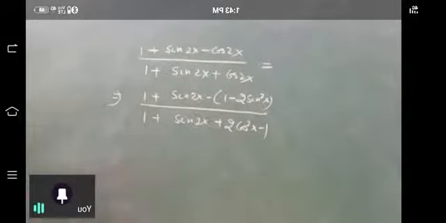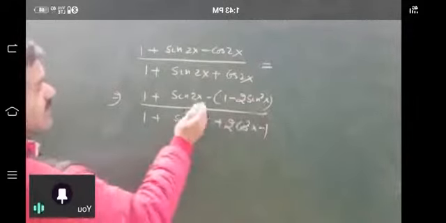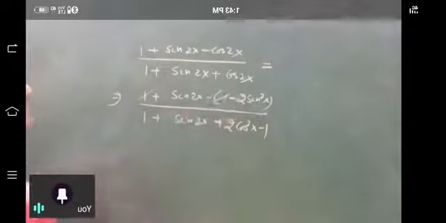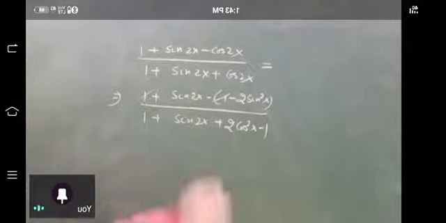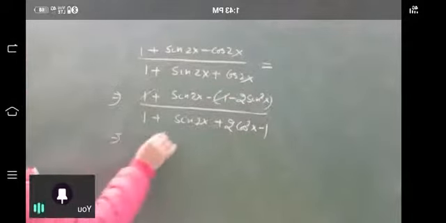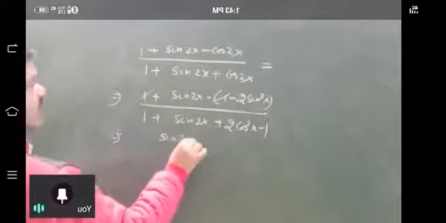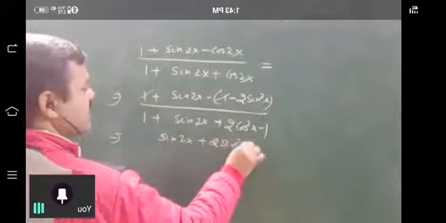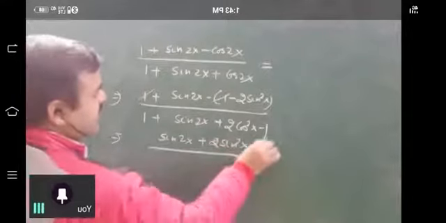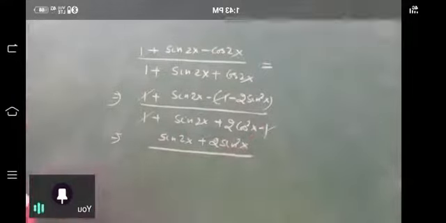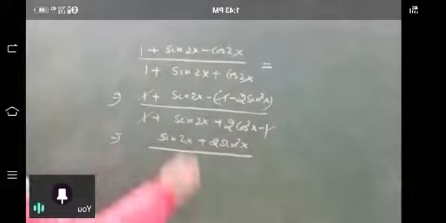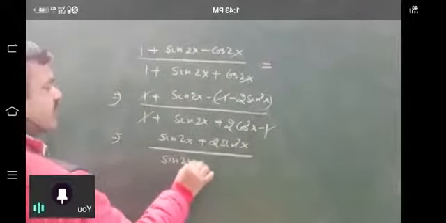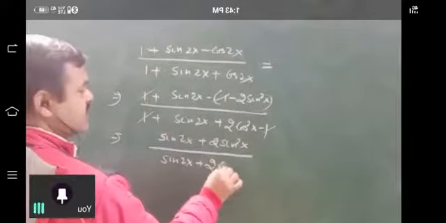If you open this bracket, minus 1 plus 1 cancel out and this minus becomes plus. So it is sin 2x plus 2 sin square x divided by, minus 1 plus 1 cancel out, sin 2x plus 2 cos square x.